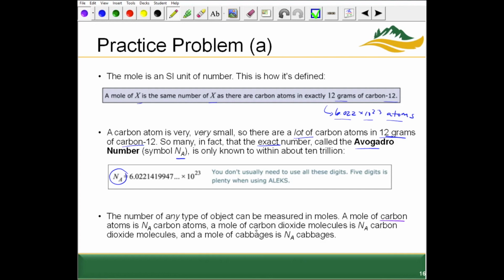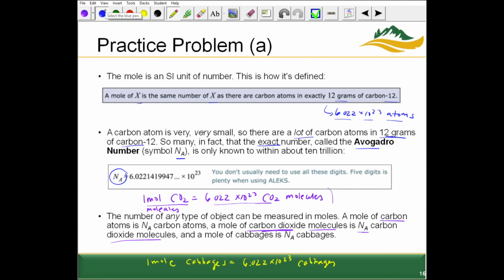So a mole of carbon dioxide, so a molecule now. A mole of carbon dioxide molecules is N sub A carbon dioxide molecules. Reading this, it is easier to write it out, I think, to visualize it. What this is saying is 1 mole of carbon dioxide molecules is equal to 6.022 times 10 to the 23rd carbon dioxide molecules. 1 mole of CO2 is this many molecules of CO2.